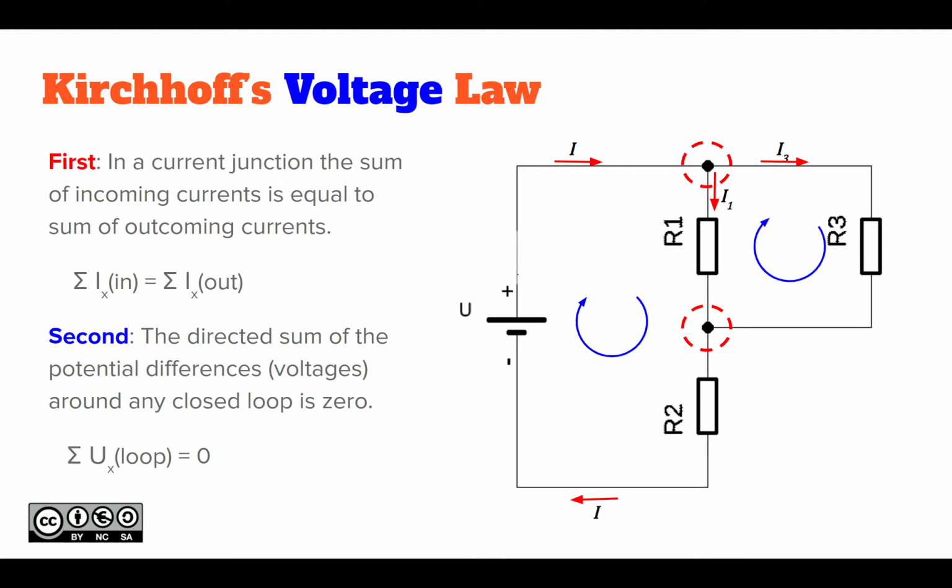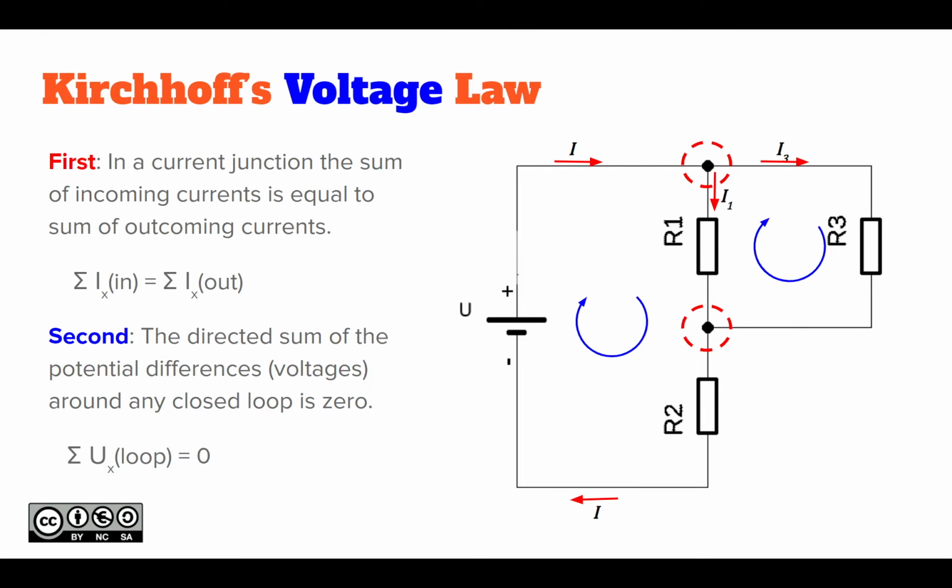Whatever complex circuit you have with resistors, energy sources, it may also have capacitors, you can make equations using the first law and the second law, and then using those and Ohm's law you can solve the unknowns. Those are the basic laws: Ohm's law, Kirchhoff's current law, Kirchhoff's voltage law.